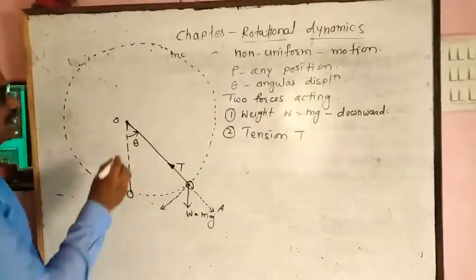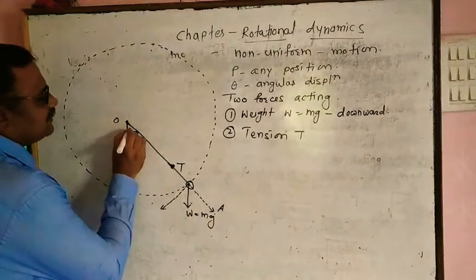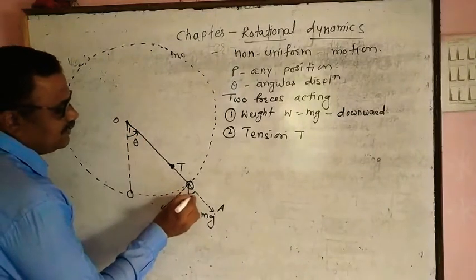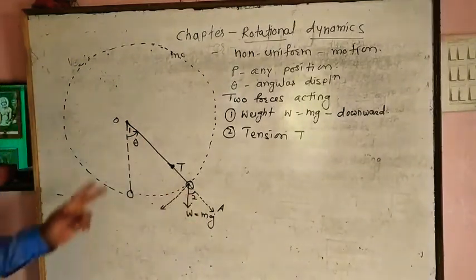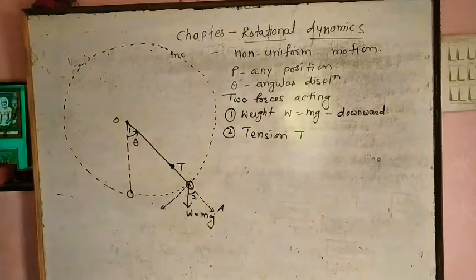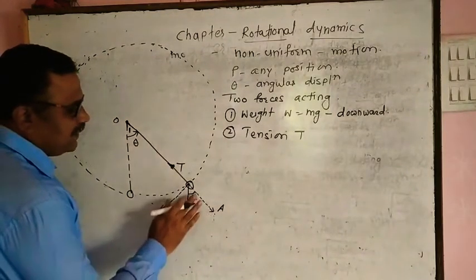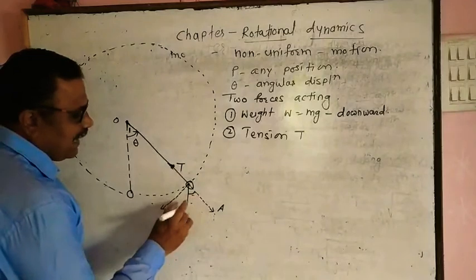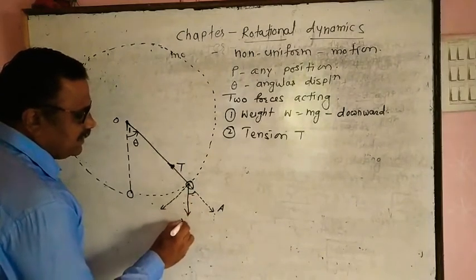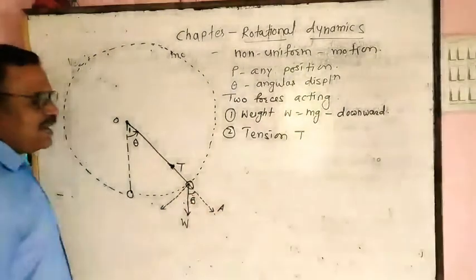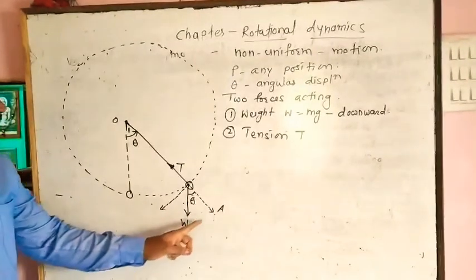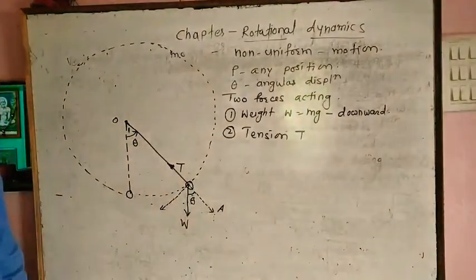Now we observe angle 1 is congruent to angle 2. We can say corresponding angles are congruent. Therefore, in the figure we have a vector quantity, and that vector quantity makes an angle theta with one axis.